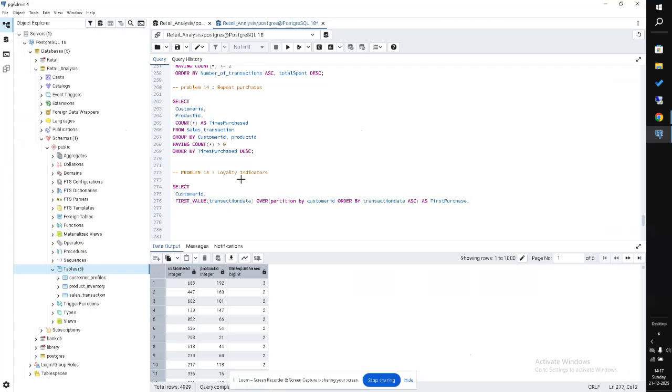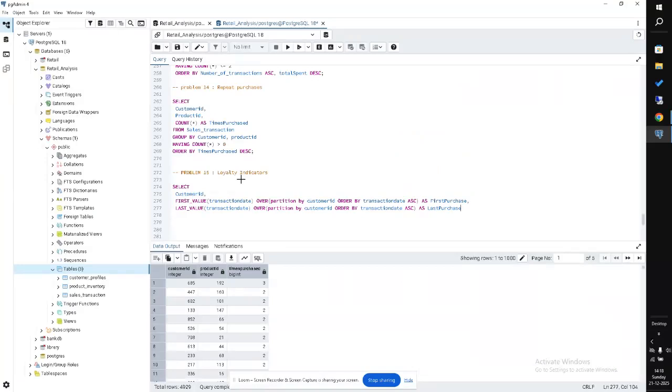And then last value of transaction date over partition by customer ID order by transaction date, DESC. I think we don't need that, we just need ASC. And last purchase.